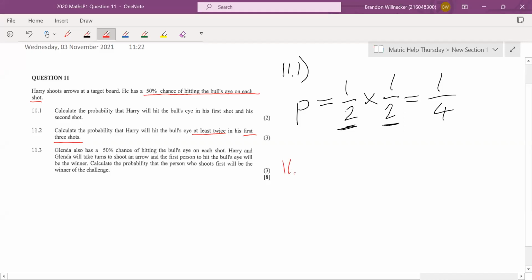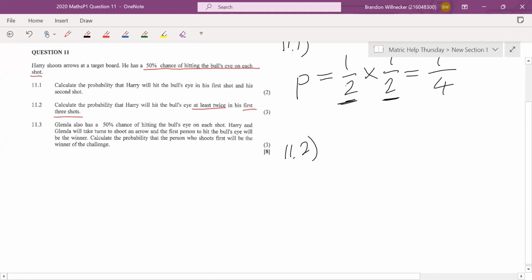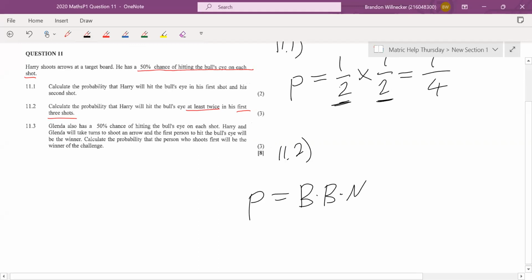So, 11.2. Let's take a look at this one. So, probability P is equal to, let's handle the first case. So if it's at least twice, it's going to be bullseye times bullseye times, no, it doesn't make it.